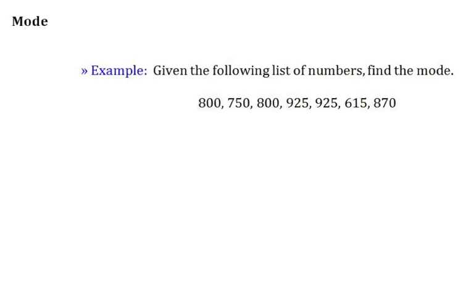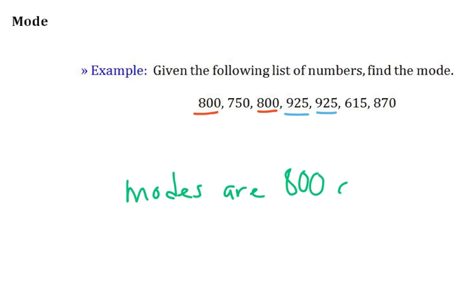So I noticed that 800 was said twice, and we also said 925 twice. Every other number in this list occurred only once, so this is an example of where there are two modes. In this case, the modes are 800, because that happened twice, and also 925, because that happened twice.